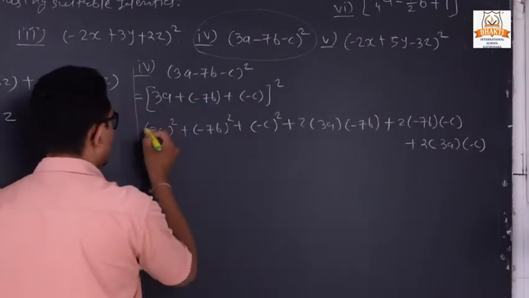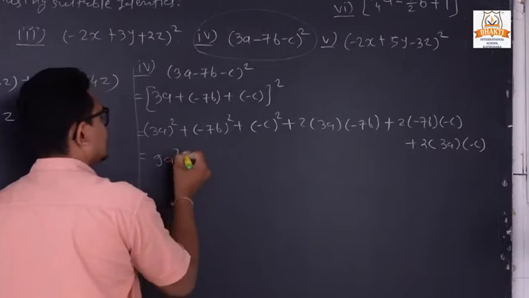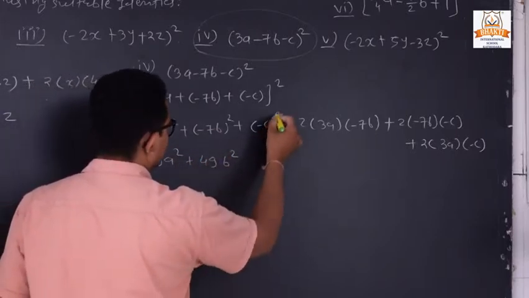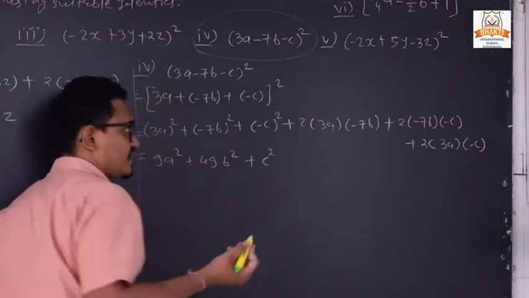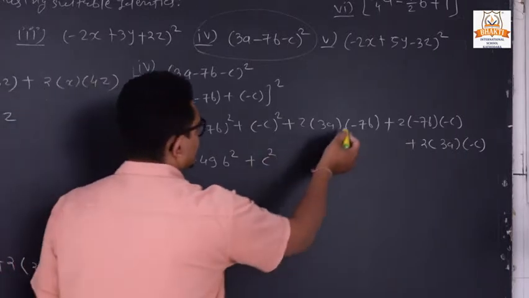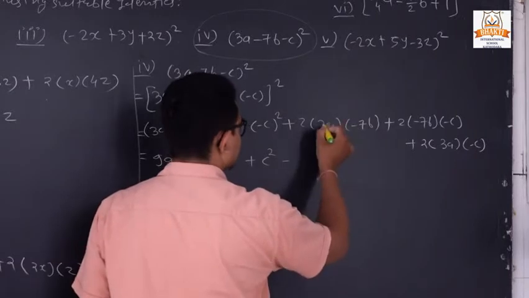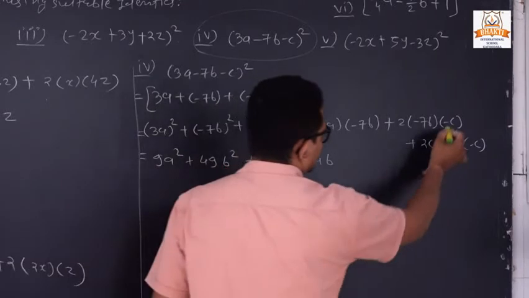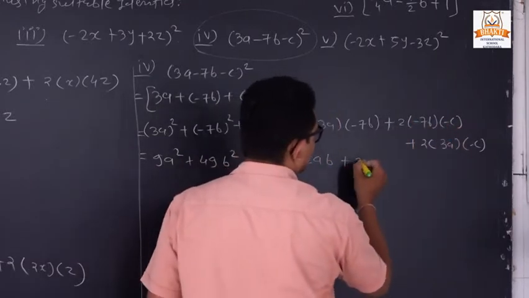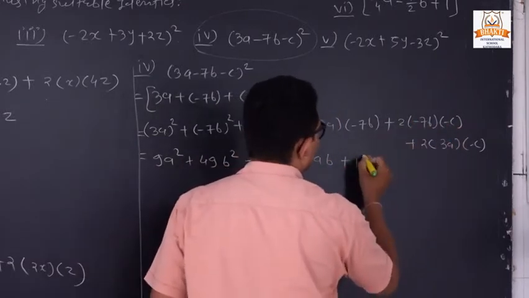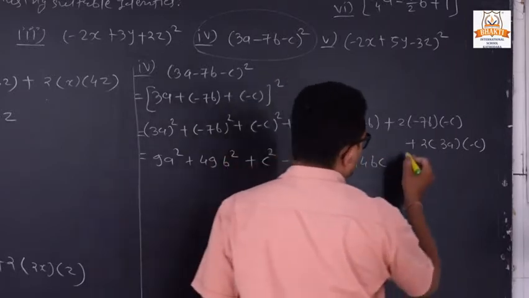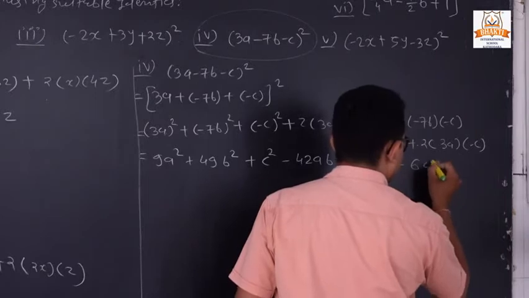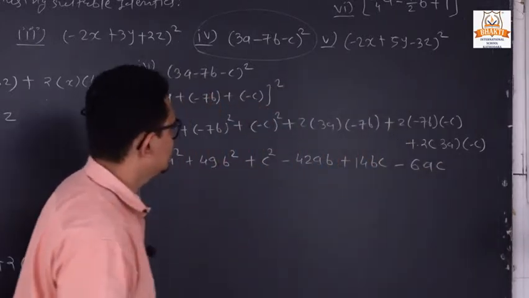Next, 3a whole square is 9a square, minus square will always be plus, c square, minus square is plus. Next plus minus minus, 7 3s are 21, 2 21s are 42ab, minus minus becomes plus, so 7 2s are 14bc, plus minus minus, 3 2s are 6ac. That is its answer.